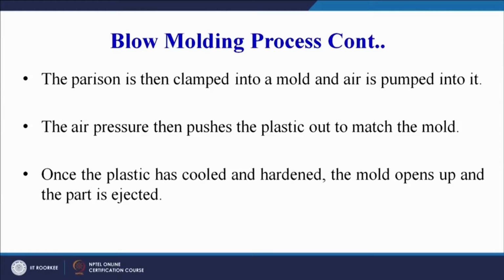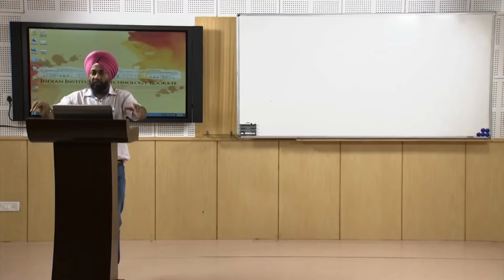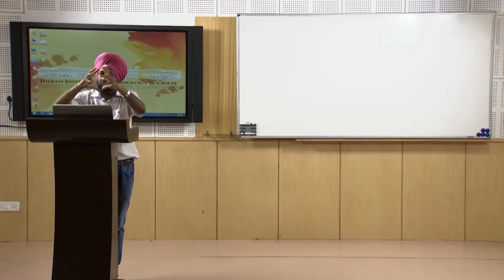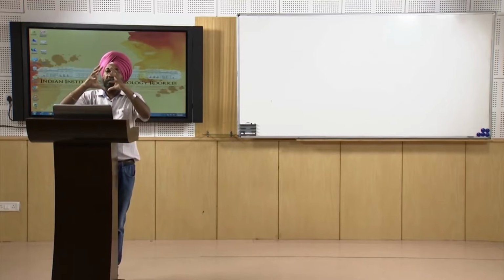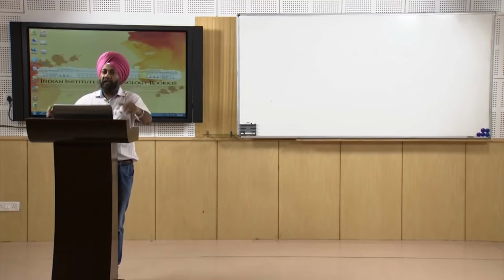So this is, as I have told you again, a split mold type of process. Once the product has solidified, which has to be decided earlier, and we will see that in the process parameters that we can control in this process, the mold will open and our product will be released.